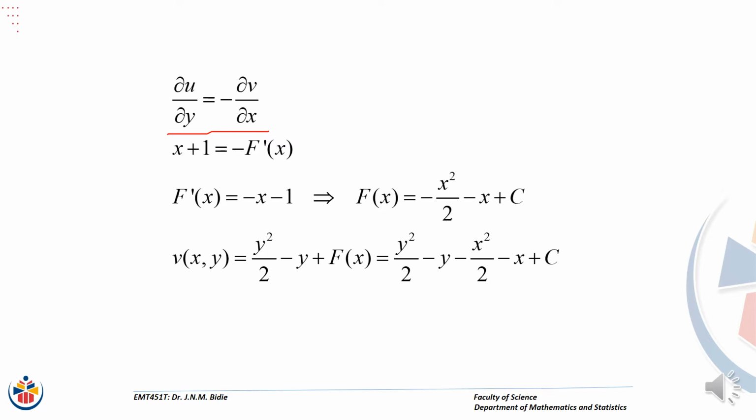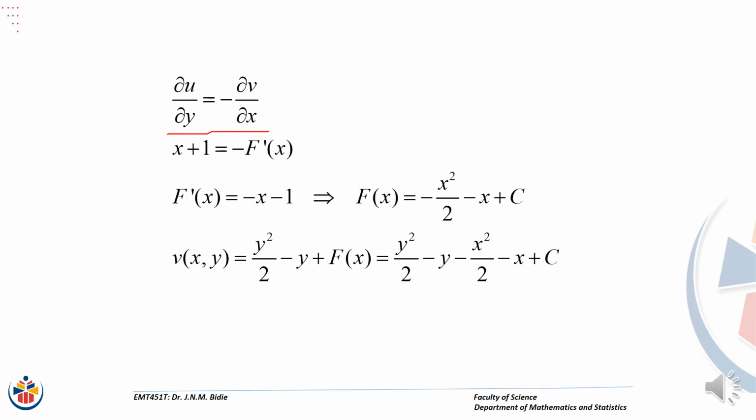Note, when you've got the derivative and you want the original function, you integrate. So that means we integrate f prime of x with respect to x, and we integrate the right hand side with respect to x as well. So we get f of x on the left. The integral of negative x is negative x squared over 2, and the integral of negative 1 is negative x plus c. We can say plus c at the end.